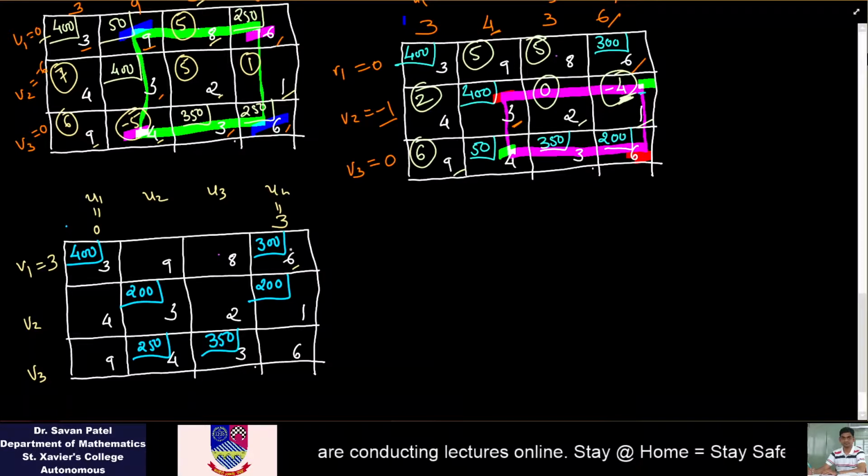If you are taking here 3, to make this entry 1, you have to take here minus 2. Then since this is minus 2, here it is 3, so here you have to take 5. Then only this sum will be 3. And since this is 5, to make this entry 4, you have to take minus 1. And since this is minus 1, here it is 3, so you have to take here 4.